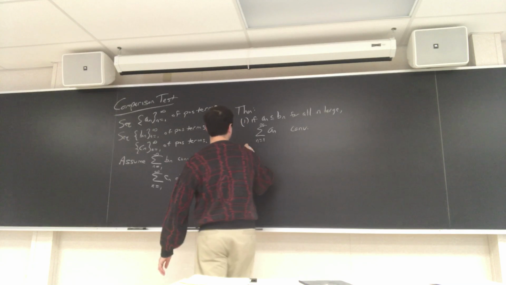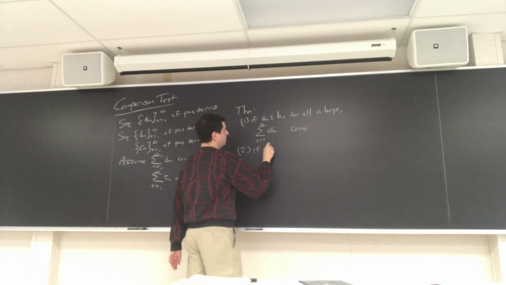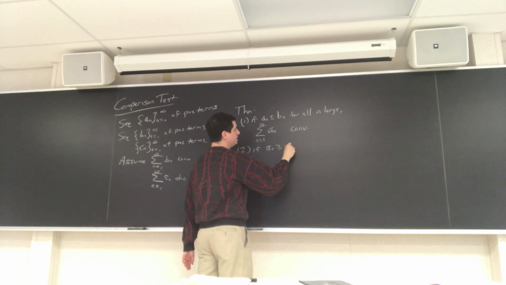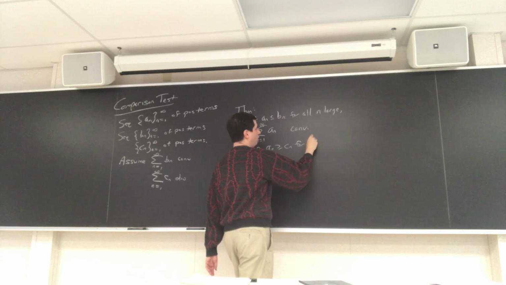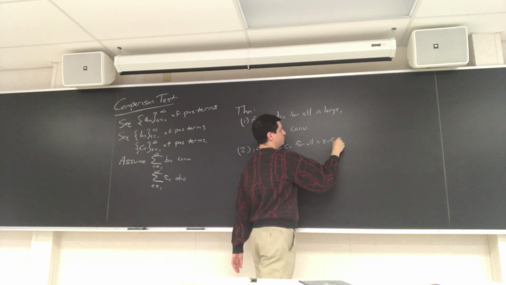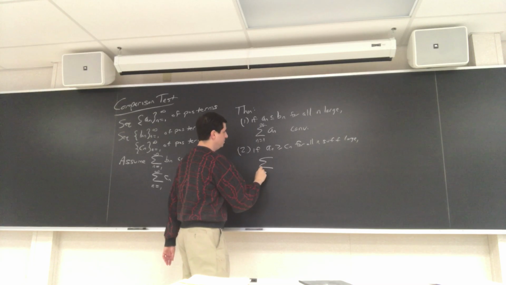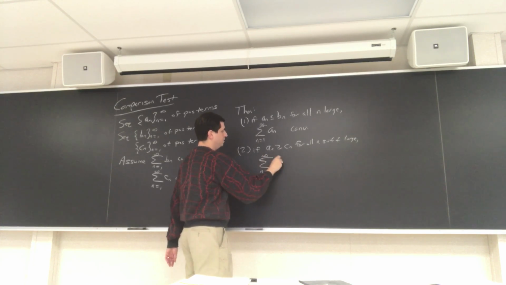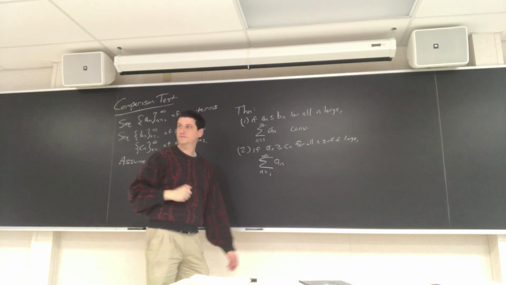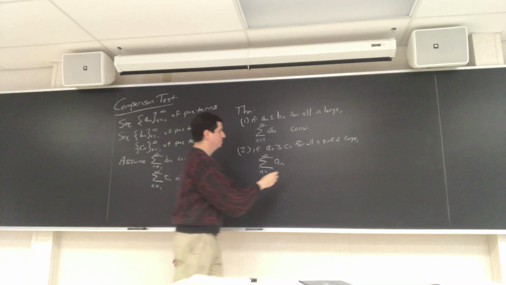All right, the next one is if an is greater than or equal to cn for all n sufficiently large, then what must be true about the sum n goes from 1 to infinity of an? It has to diverge.